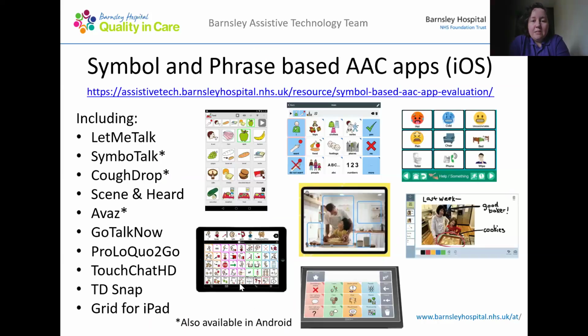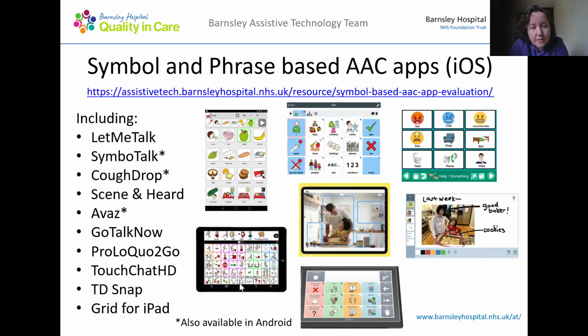So, symbol and phrase-based AAC apps. There are lots available, and they can all range in their design and complexity. For example, Let Me Talk is one you mentioned, I think the one in the top left corner.